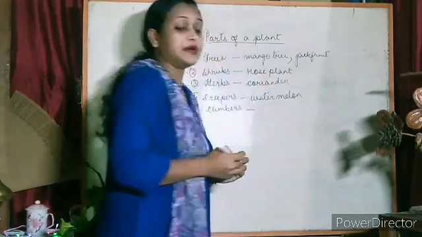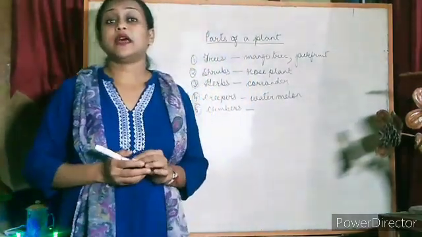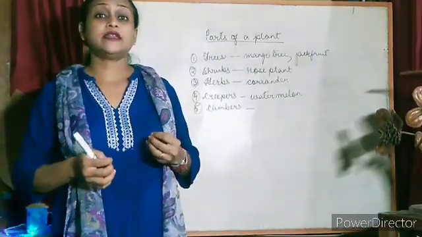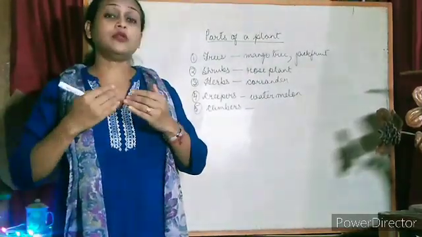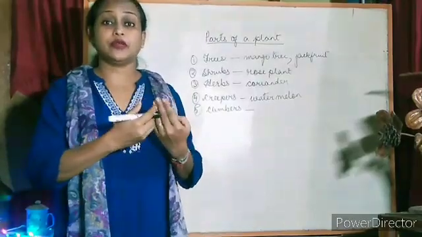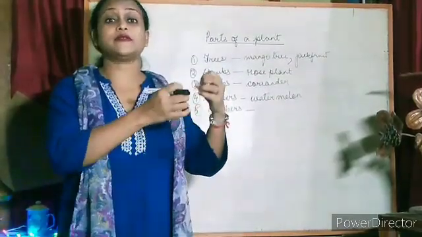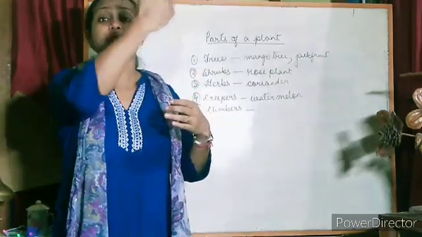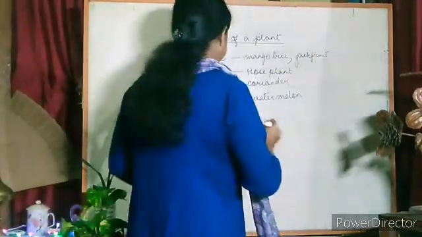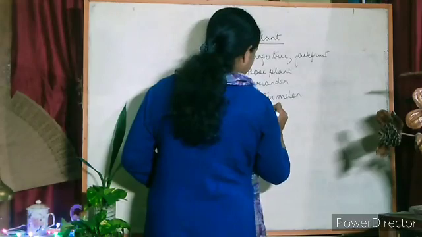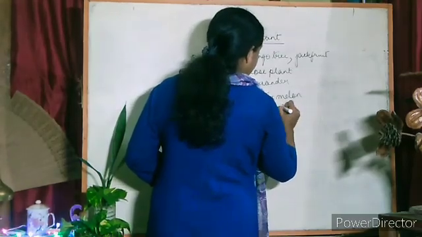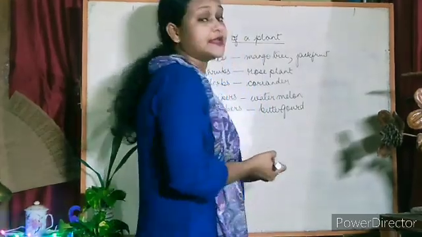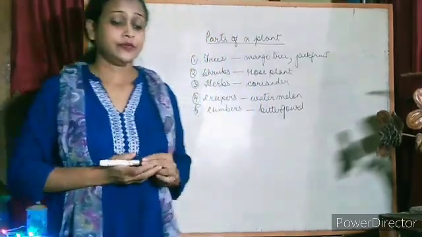For example, watermelon. Next are climbers. Climbers are plants that have weak stems and cannot grow on their own, but they need support. Either they take the support of some pole or other plants to climb up. For example, bitter gourd, then money plant. All these are types of climbers.